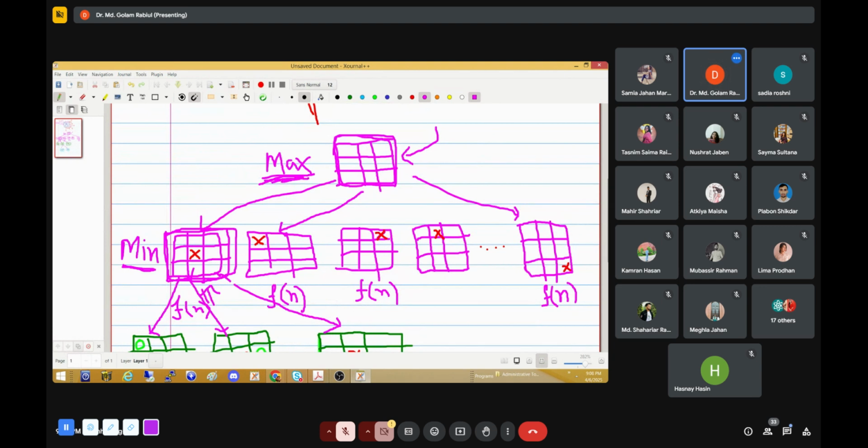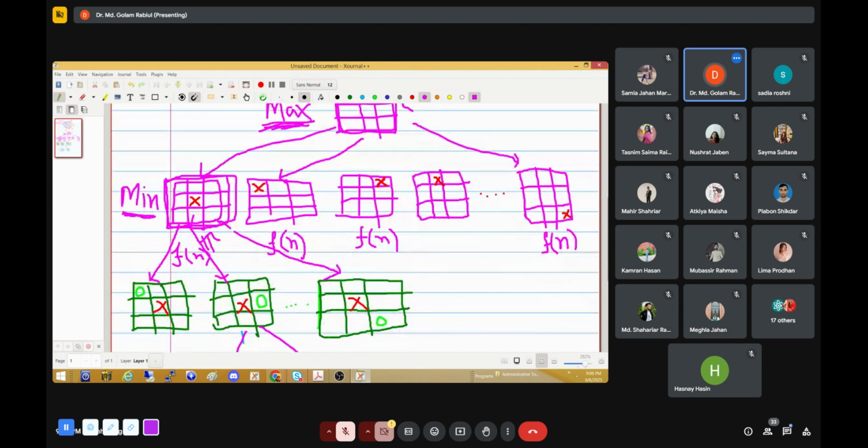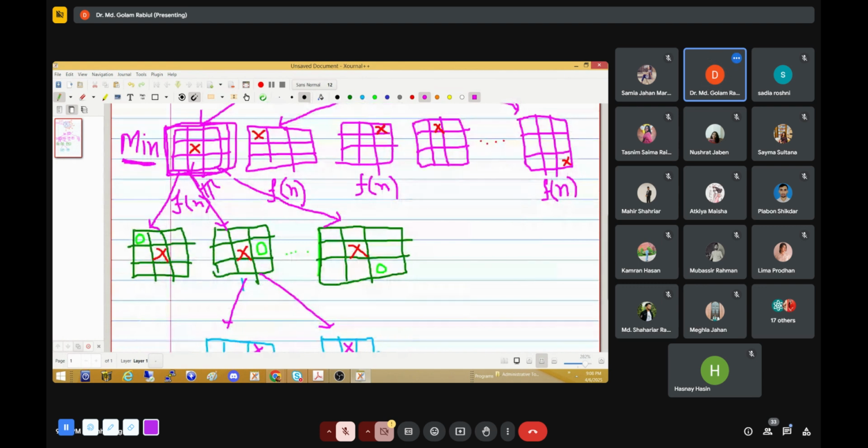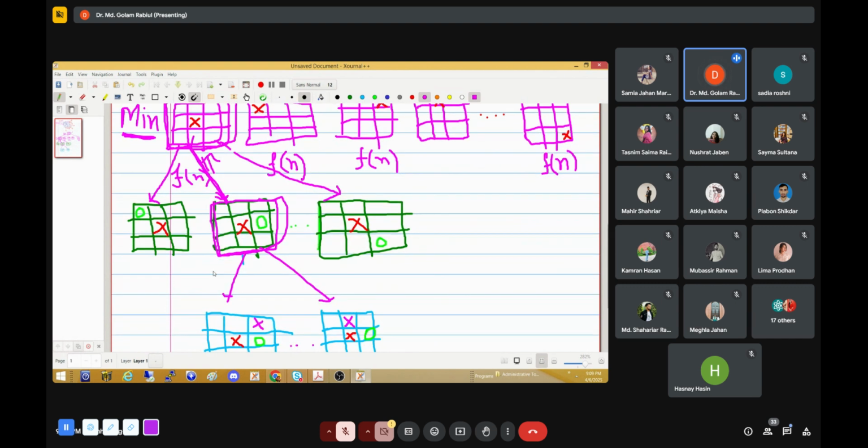That's why this stage is the maximization step. But in this step, we have to consider the minimization step, because the opponent will try to minimize my utility. So that's why this is called the min state. So max state, then min state. And after that, maybe after this movement, the opponent movement is this one. And now this state we can say again is the max state. Why? Because at this stage, I want to maximize my utility.